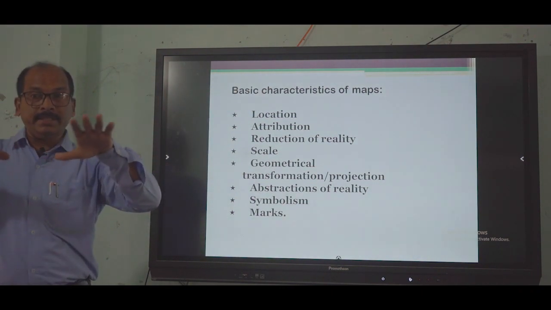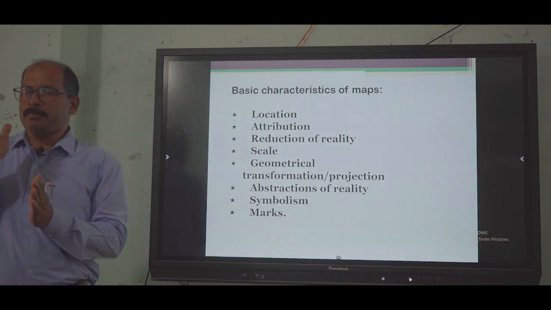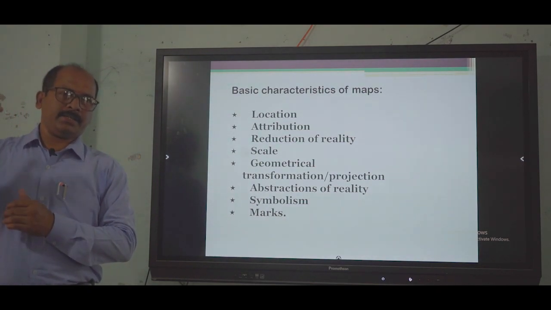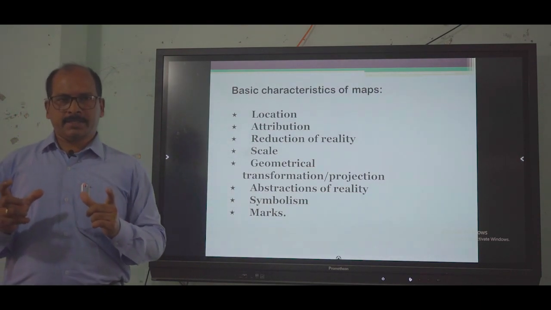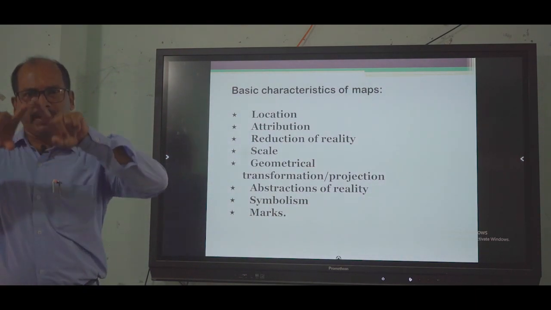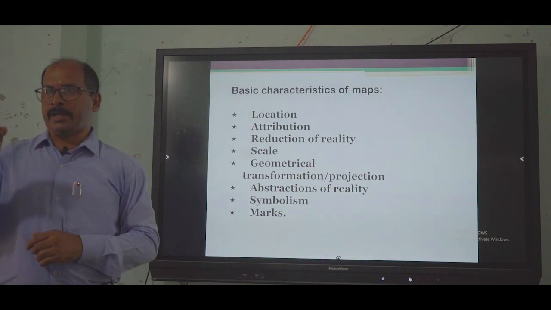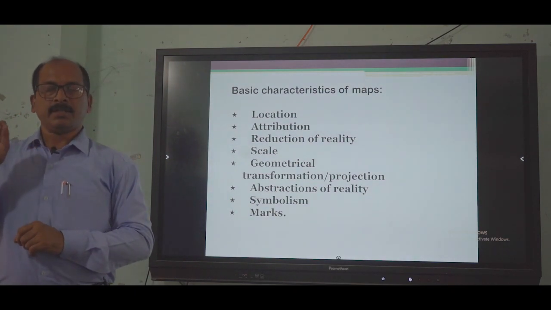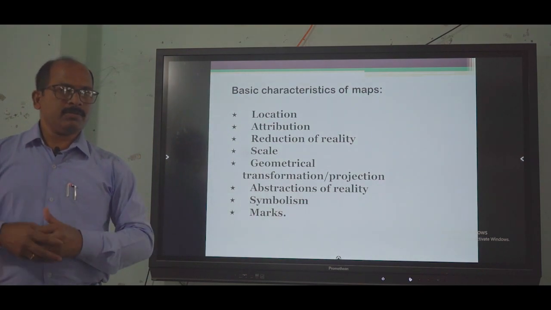So all physical reality, ground reality, we draw on a flat sheet of paper with the help of points, lines, and some colors, shadings, hachures, and so on. So the branch which discusses the detailed study of these techniques for preparing, designing and developing maps, along with different types of charts, graphs, atlases and others, is called cartography.